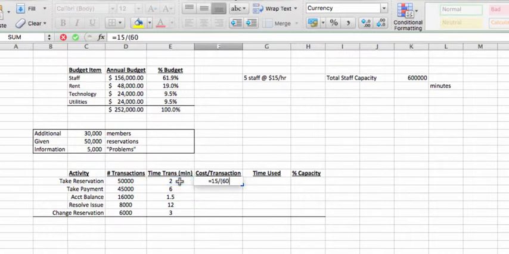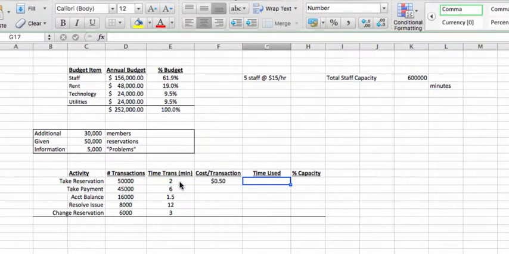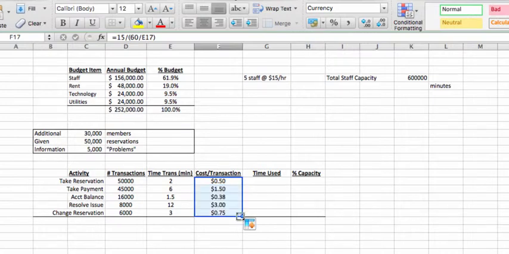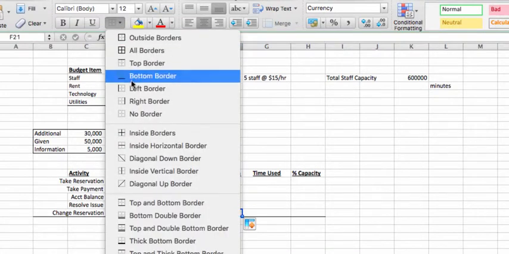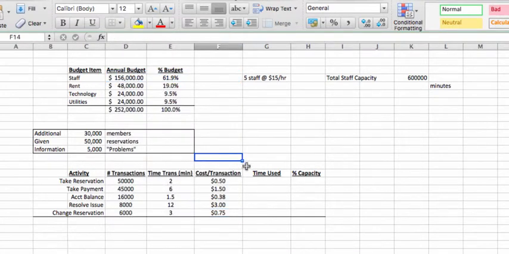So 60 minutes in an hour divided by 2 minutes, and it's 50 cents. If we do that for each of these, we have an idea of exactly what everything costs in terms of actually performing the operation if we want to assign a cost to it.